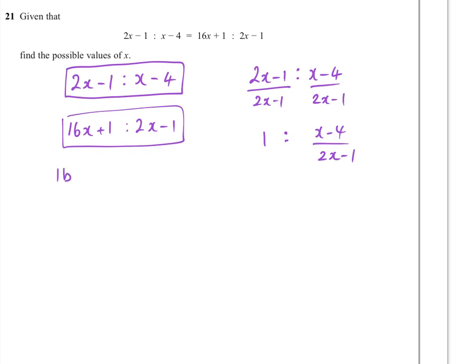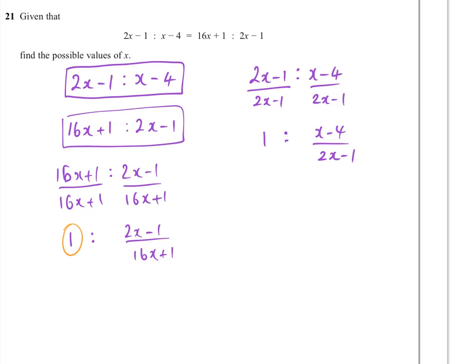So I'm going to have 16x plus 1 to 2x minus 1, and I'm going to divide both sides by 16x plus 1. And that makes the left hand side again 1, and that's really good, because if the left hand side of this is 1 and the left hand side of this is 1, that means that this and this are in the same ratio.